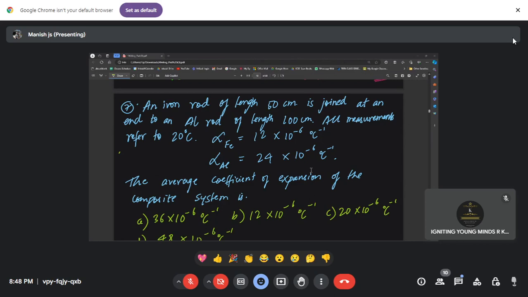But that small increase in length also you should calculate. So the increase in length for the first rod, and the increase in length for the second rod also you have to find out. So you calculate the final length after it is increased. So the length of the rods you are going to calculate.